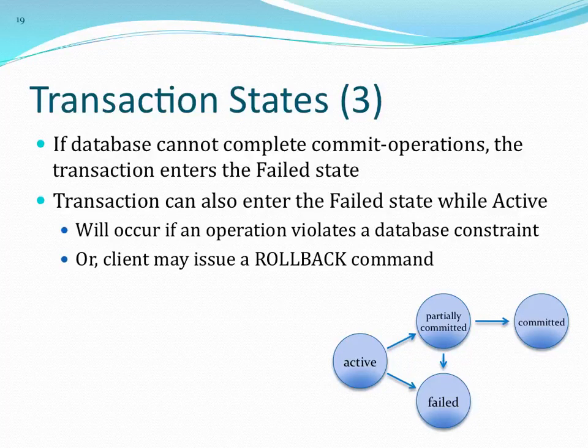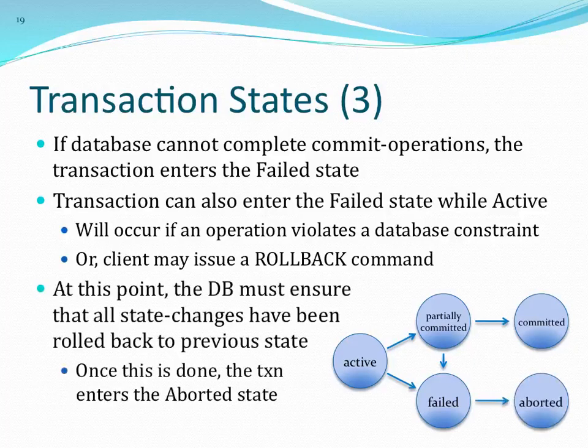But there may be changes that need to be undone in the database. So it goes through that sequence of operations to go through and undo all of the things that the transaction may have done. And then finally it enters the aborted state, at which point the transaction's operations, its mutations that it may have performed against the database are all cleaned up, and it should be as if that transaction never occurred. Okay? Yes?